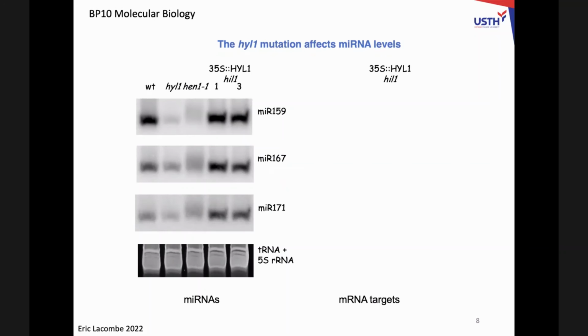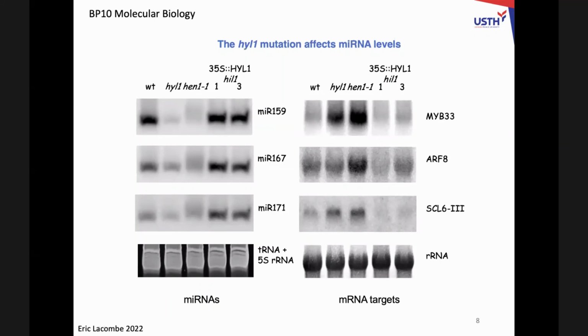Here you have a molecular evidence on how the microRNAs are working. So we're going to analyze this result. On the left, this is northern analysis, so we measure the quantity of specific RNA.